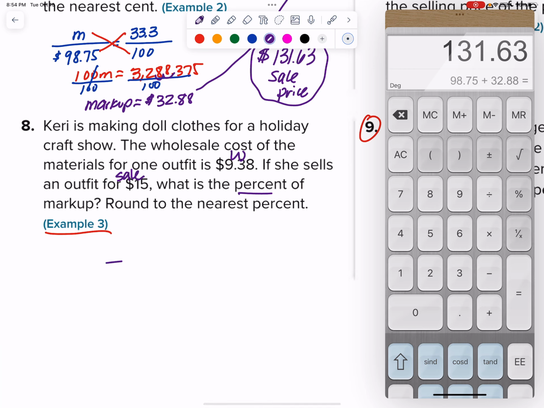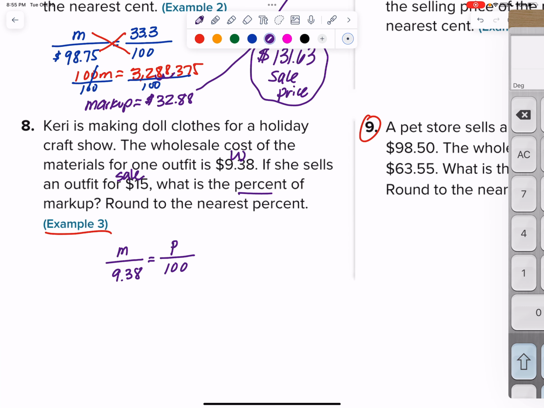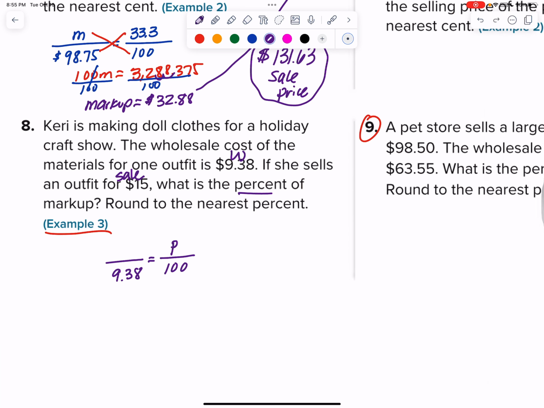So we have the wholesale price we know is $9.38. And I know everything's always out of 100 on the percent side. It says what is the percent, so I don't know the percent. Okay, and remember 15 is not my markup. Okay, 15 is not my part. I have to actually calculate the part.